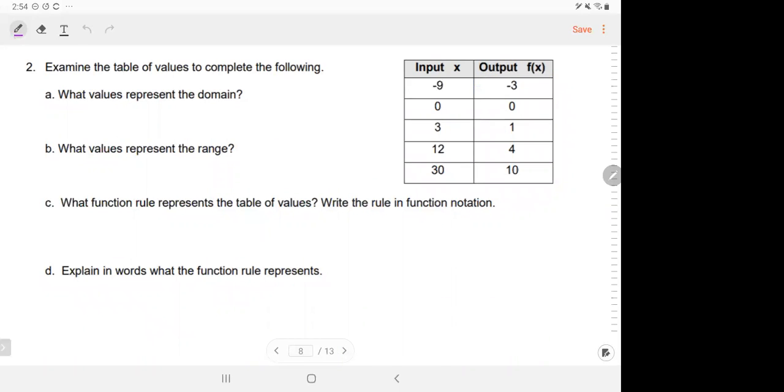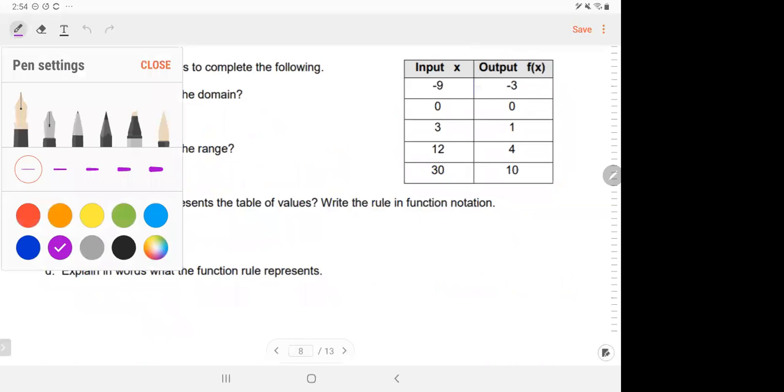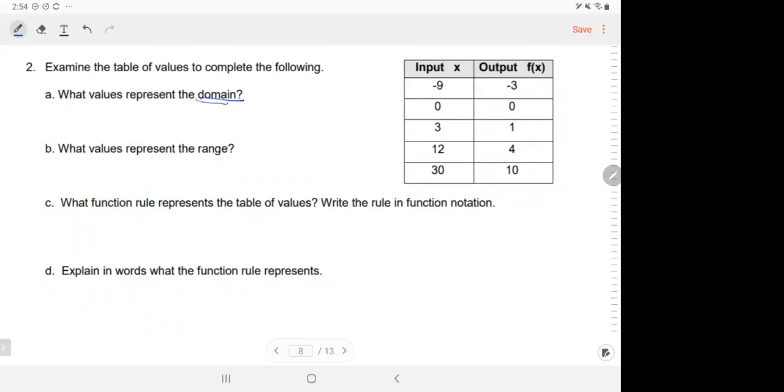So on this next slide, this would be a really good time to pause the video and try this problem yourself. Okay, so now I'm going to go over the problem, and it asks us again what values represent the domain. So again, the domain is the x values or the input.